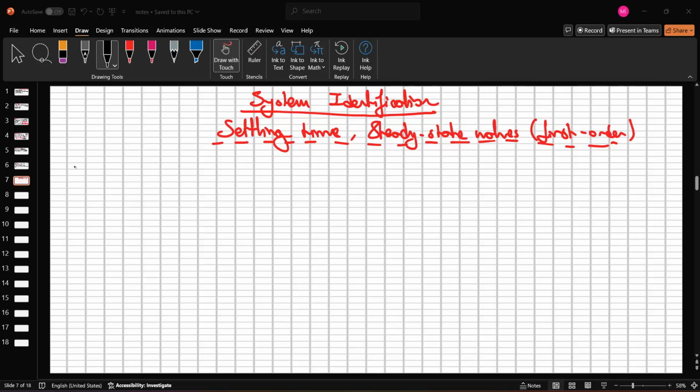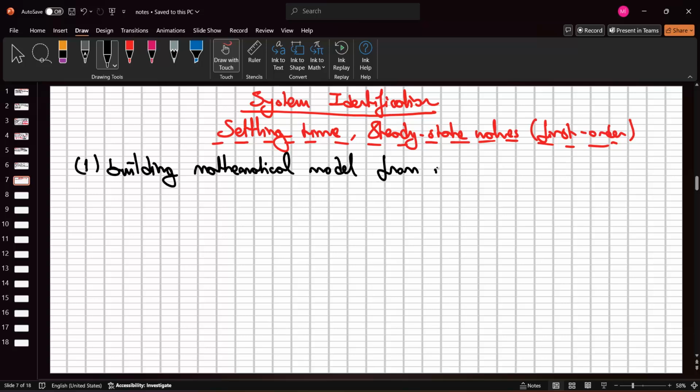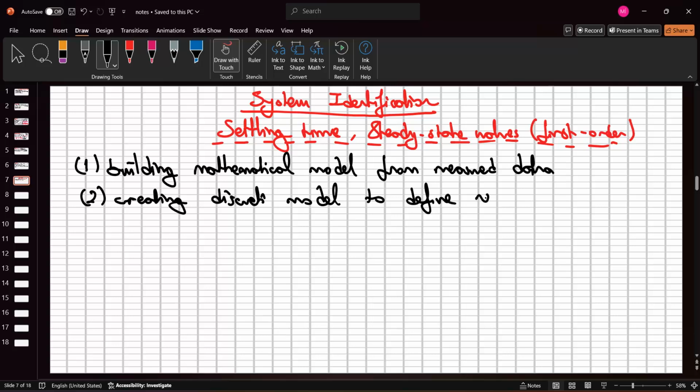So the objective of these application notes is building a mathematical model from measured data, and also creating a discrete model to define the real parameters of the system, for example the J and C, right?